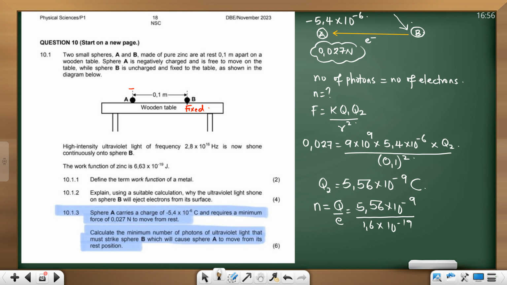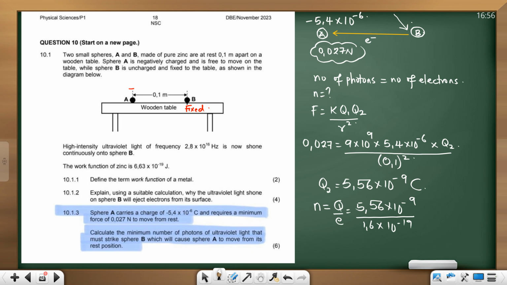So we're saying if we can eject this number of electrons, we're going to have a force produced. What's the answer you're getting? 3,48. Let's see, is that the answer we're getting?